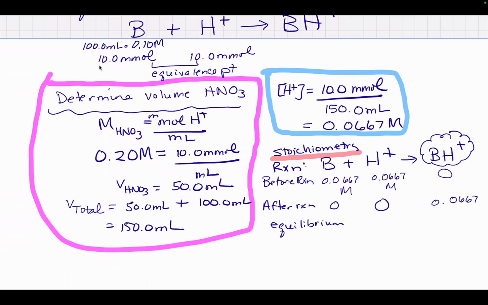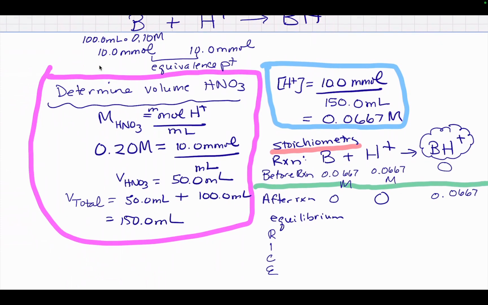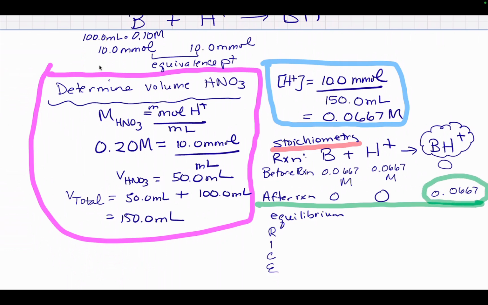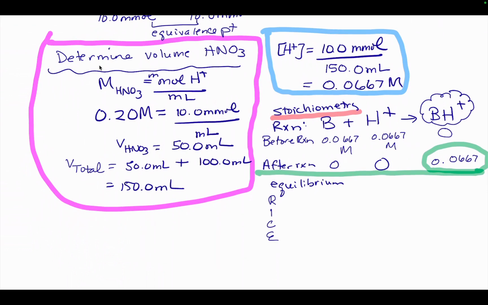But now we have an equilibrium problem, so we're going to do a RICE table. Again, I'm going to separate some of this. Above the green line, that was just the stoichiometry. Oops, sorry, I moved the green line in the wrong place. So the green line should actually go here. The point of that is we know that we're consuming all of the base and all of the acid, but we do still have a weak acid.